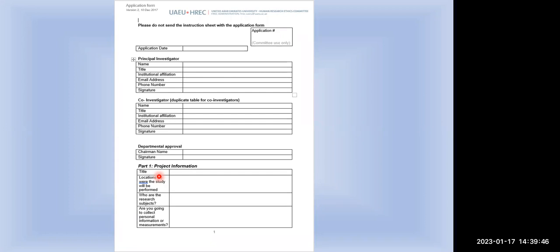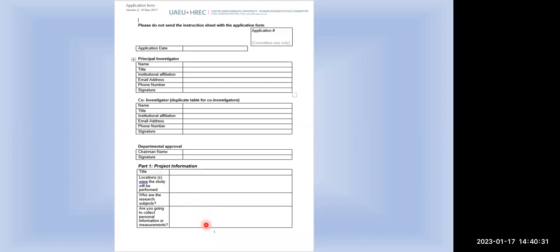You submit your application form to our university ethical committee, but you will get conditional approval. And then you take this conditional approval and seek approval from the appropriate hospital ethical committee in order to get the full approval. So this is how it works, because even the hospital committee will need our review of your proposal and your application form in order to give you full ethical approval from their committee.